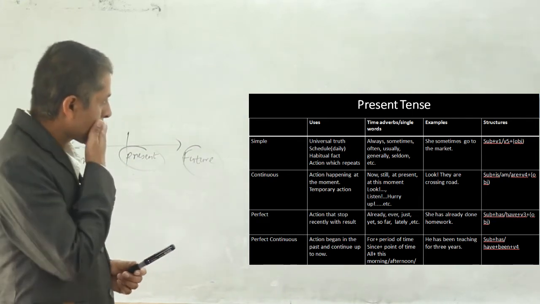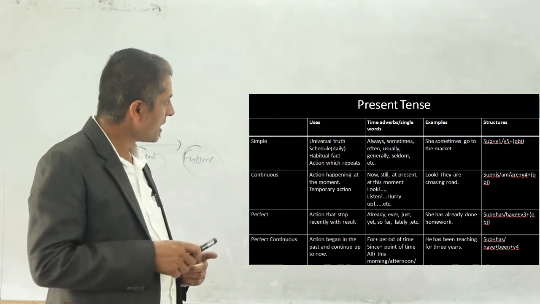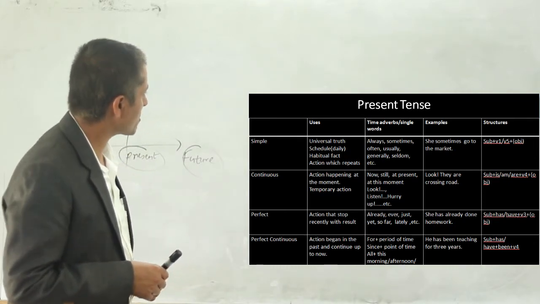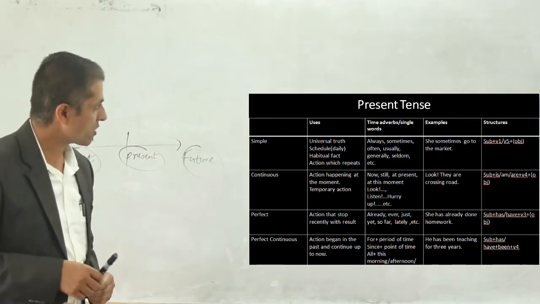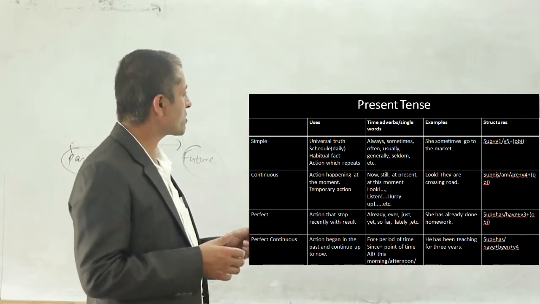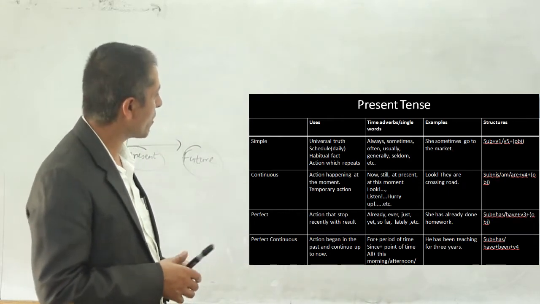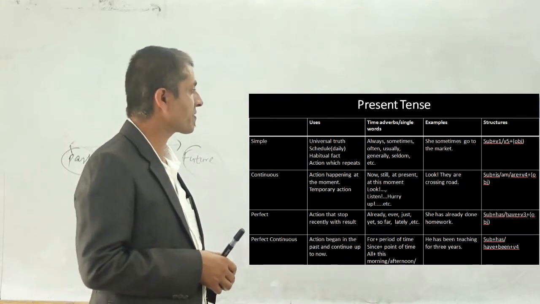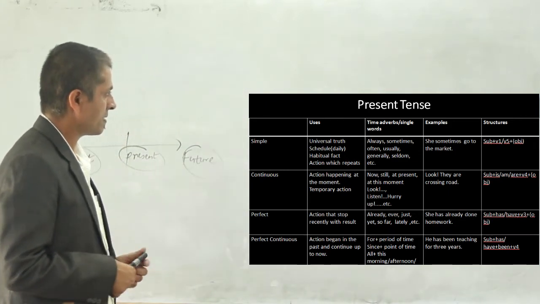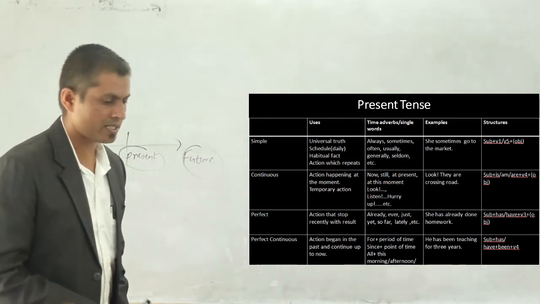Now example: She sometimes goes to the market. Sorry, there is a typing mistake; it is goes. Structure: subject plus verb 1 or verb 5 plus object.